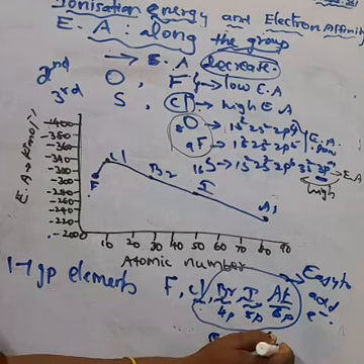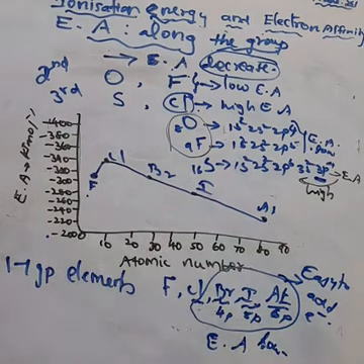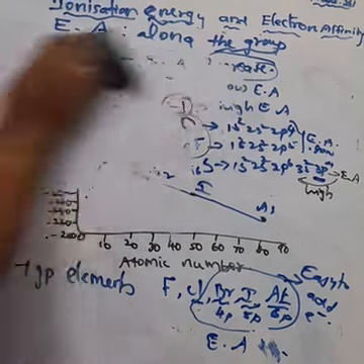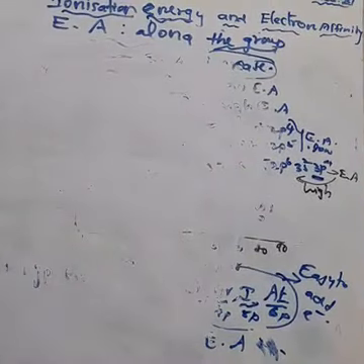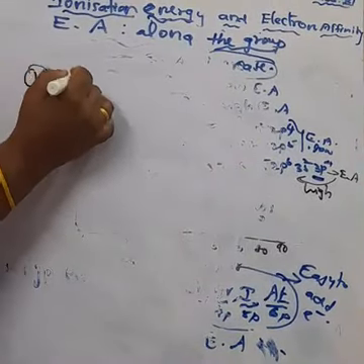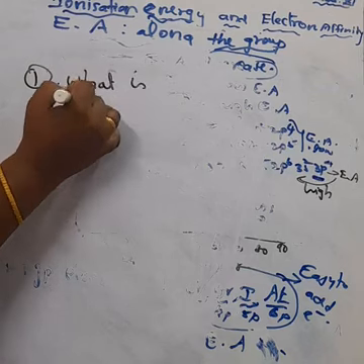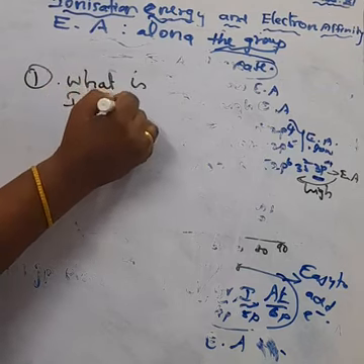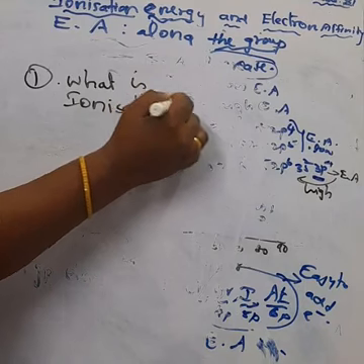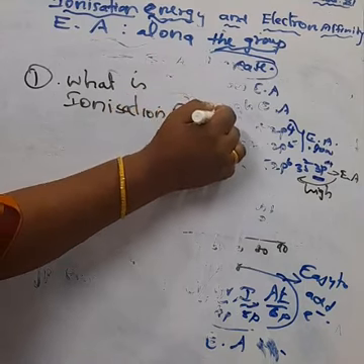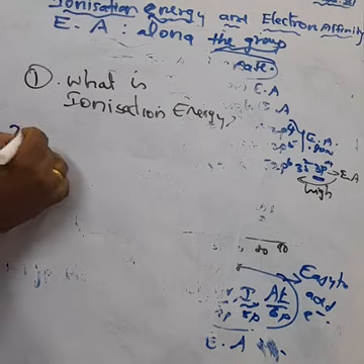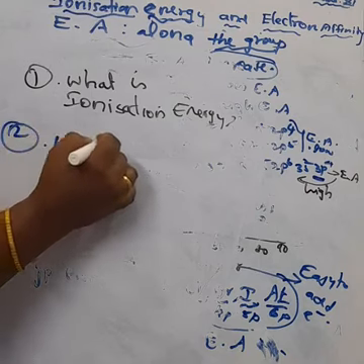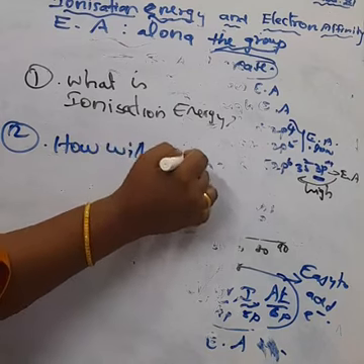So today your assignment: what is ionization energy? And second question: how do you explain that the second ionization energy is always higher than the first ionization energy?